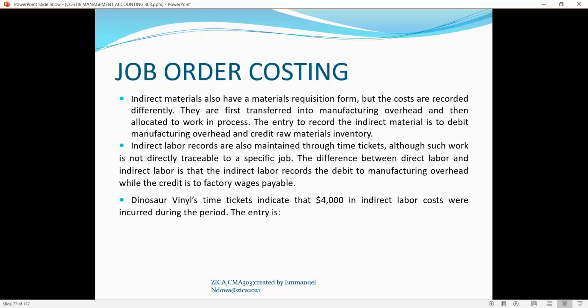Understand now? When this amount is in the manufacturing overhead account, that's when we can take our indirect labor that is appropriate to the production of 100 mite markers from that pool of 4,000 indirect labor costs. You see now the rationale why we are bringing in the manufacturing overhead account into play.